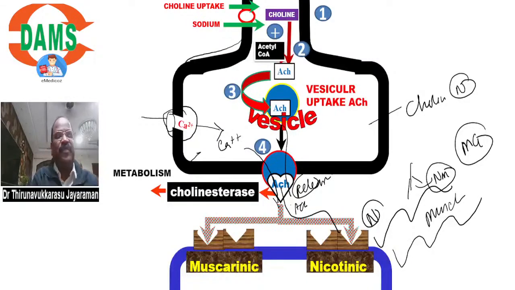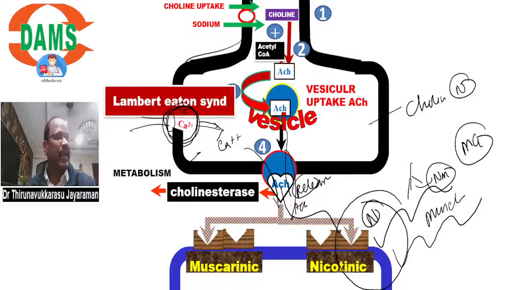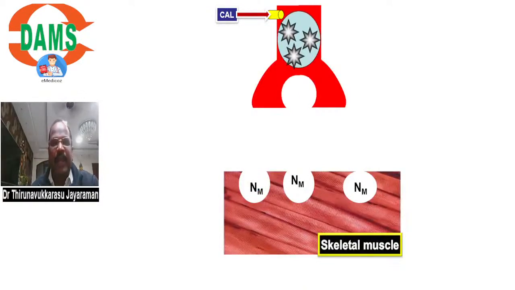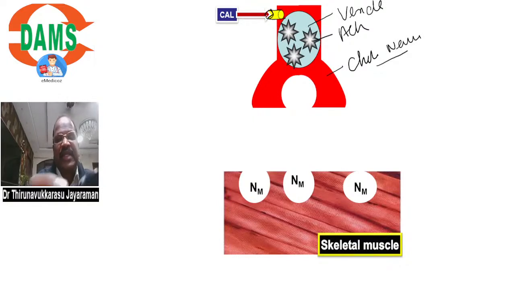My question is, if there's a defect in the calcium channel, if the calcium does not enter properly, then there's no proper release of acetylcholine, thereby the muscle also becomes weak. This is known as Lambert-Eaton syndrome. So this you should know. Imagine a vesicle. In the vesicle, there is a storage of acetylcholine. In the neuron, there is one calcium channel.